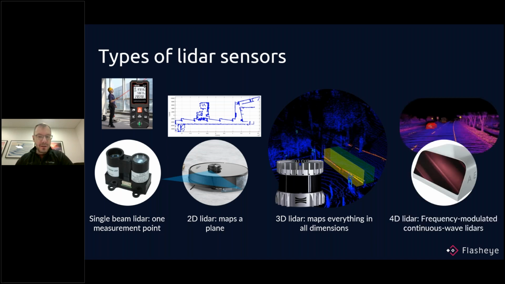And then there is a fourth dimension introduced in some of the LiDARs, and in this case, the fourth dimension is instant velocity per pixel per scan. So you are not only getting information about the XYZ coordinates of every point, but also the velocity with which this point is traveling, which is super useful for automotive.